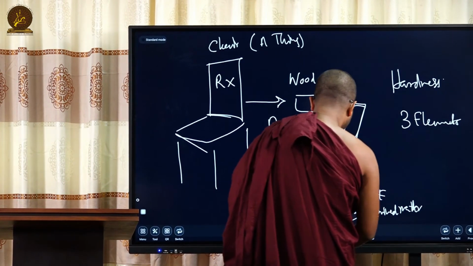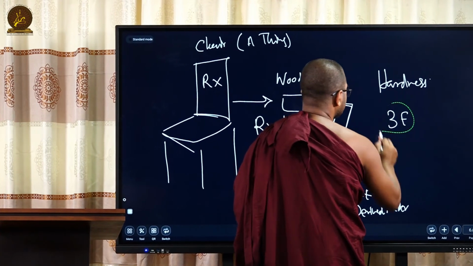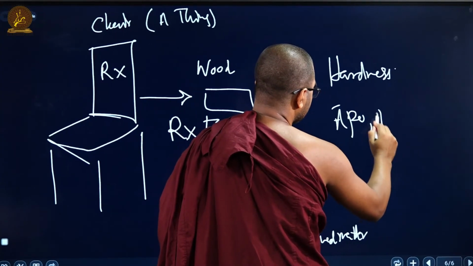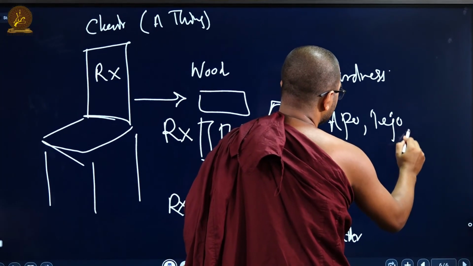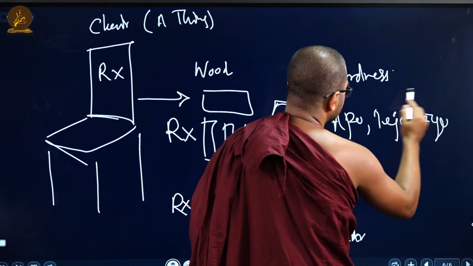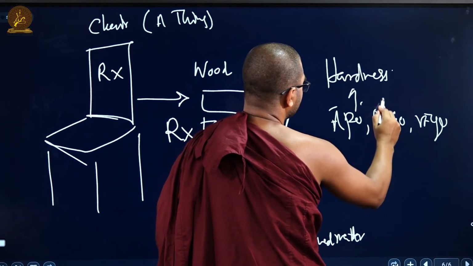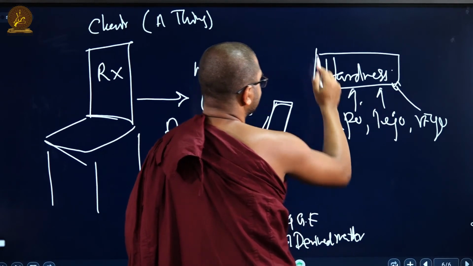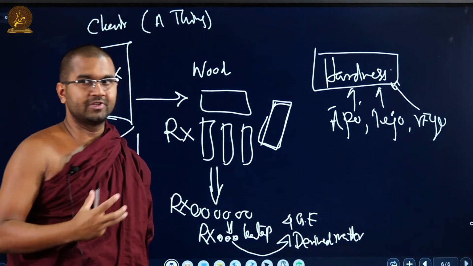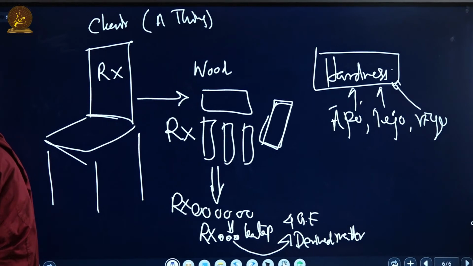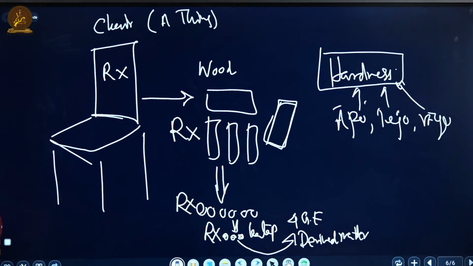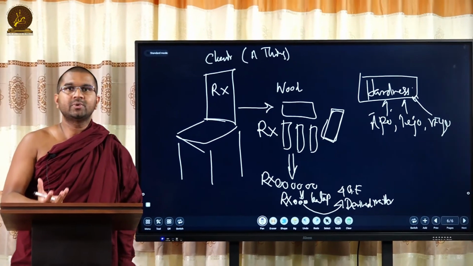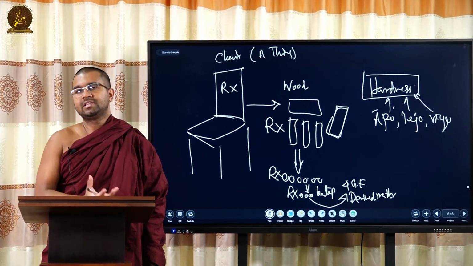If we say it in names, it's better: Apo, Tejo and Vayu. Due to Apo, Tejo and Vayu, the hardness appears in the world. Without Apo and Tejo, we can abstractly talk about hardness. But that hardness would not come into existence without Apo, Tejo and Vayu.